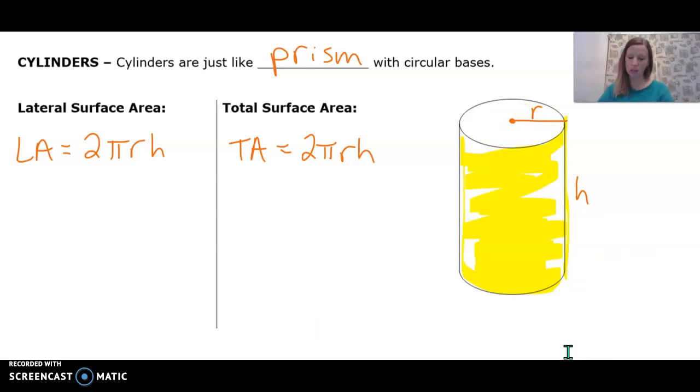So we need to add something onto that formula. And keep in mind there are two bases. So if one circle is pi r squared for area, for a top and a bottom, it would be 2 pi r squared. So we're going to use these two formulas in an example so that you can see exactly how to use them to find the surface area.